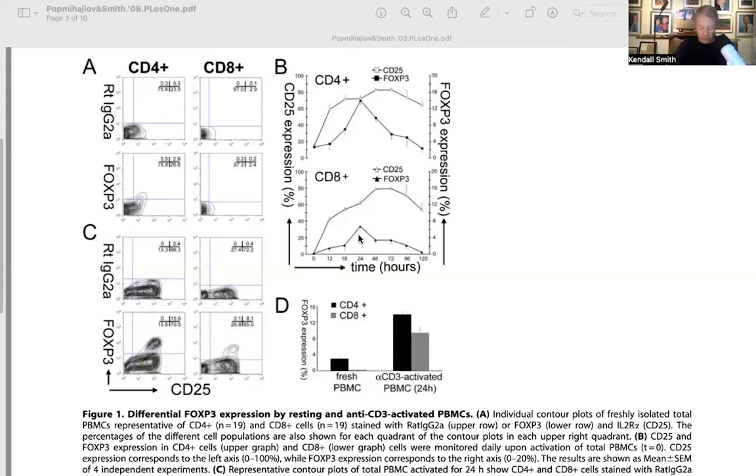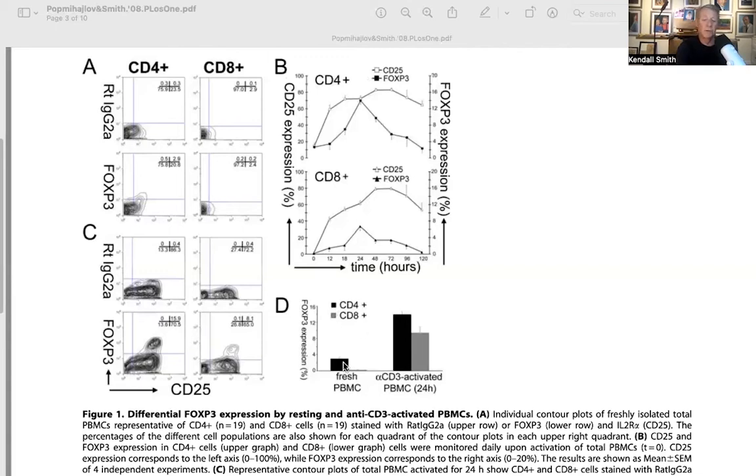Then the C portion emphasizes that in these activated cells, FOXP3 expression is really only in the highest density alpha chain positive cells, in both the CD4 and the CD8 compartments. Here in histogram plots is the amount of FOXP3 expression in CD4 positive cells in the solid bar, and in the gray bar CD8 positive cells.